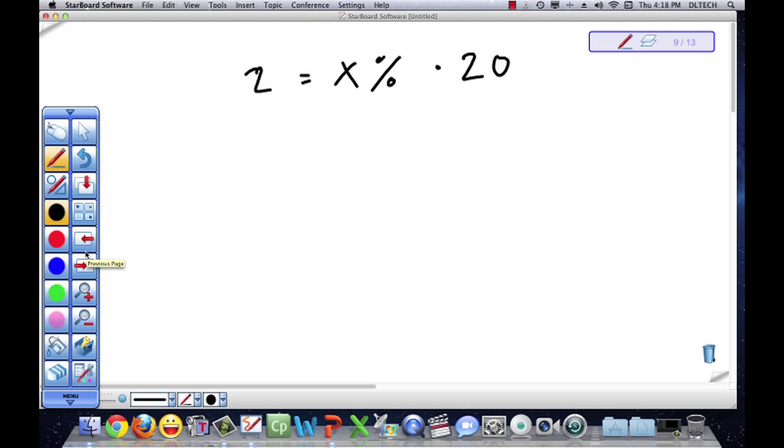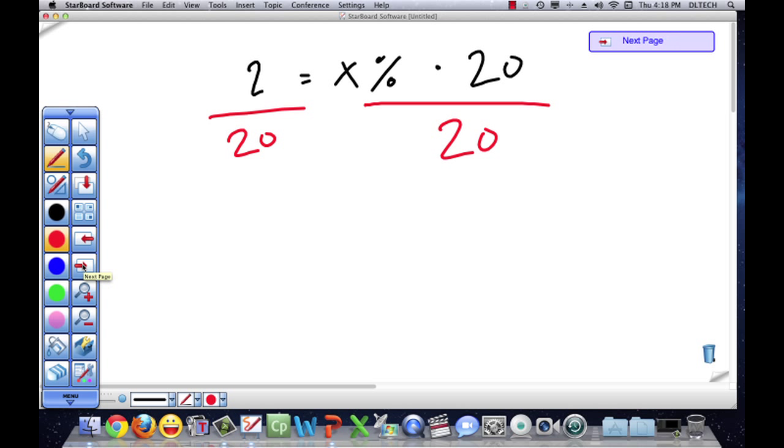We are left with this. We want to get X by itself. Because this is multiplication, the opposite is division. So we want to divide the right side by 20, and do exactly the same thing on the opposite side.